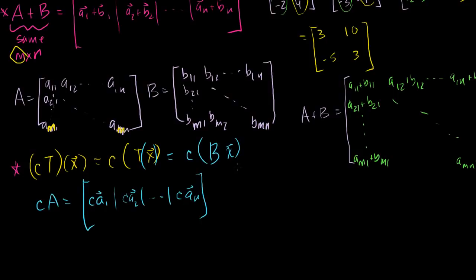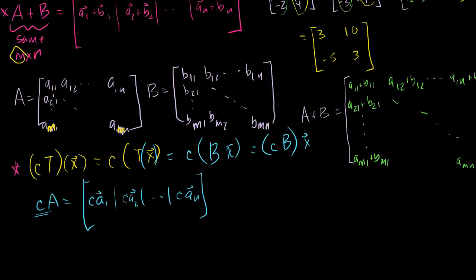And by just manipulating, and we did this in the last video, by breaking this up into the column vectors, multiplying them by each of the components of x, and then distributing the c and rearranging a little bit, we can now say, using this definition, that this is equal to some new matrix CB, where it's essentially c times each of the column vectors of B, times x.